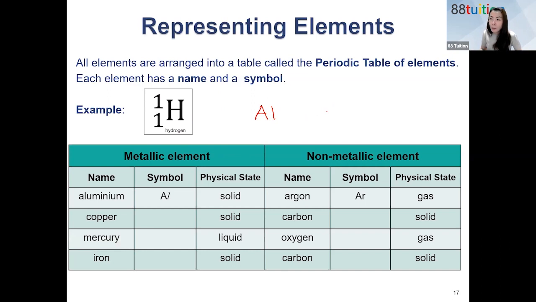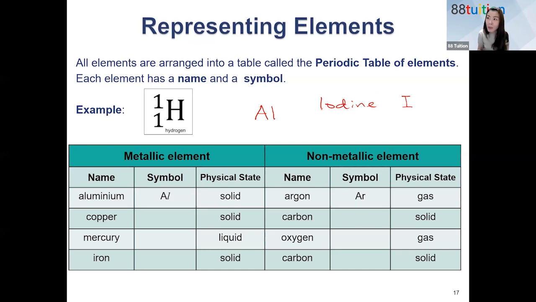Look for the element iodine. It is in group 17, towards the right hand side. Can you see a capital I, iodine? Iodine is represented by the letter I, but they purposely write the I like this also.